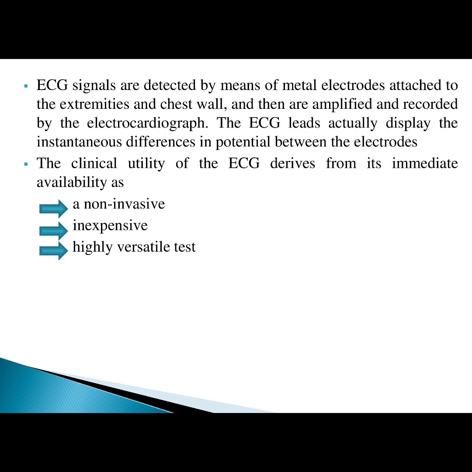You have unipolar leads, bipolar leads and chest leads. Totally you have 12 leads. The ECG leads display the instantaneous difference in potential between the electrodes. The clinical utility of ECG derives from its immediate availability as a non-invasive, inexpensive, highly versatile test.